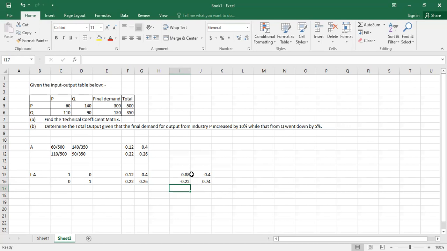Determinant is by multiplying the primary diagonal. Then we subtract the secondary diagonal. What is 0.88 multiplied by 0.74? 0.6512. Minus. Will it be a minus or a plus? Minus, because this negative multiplied by negative gives us a positive.